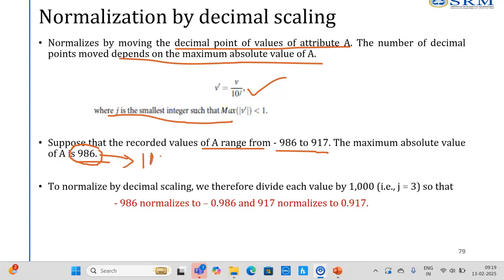The closest value is 1000. So this J will become 3, because 10 to the power J is 1000.